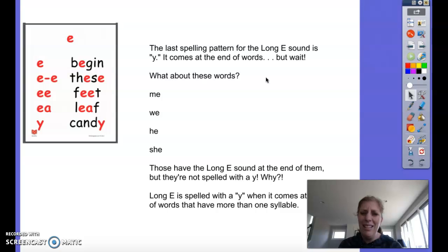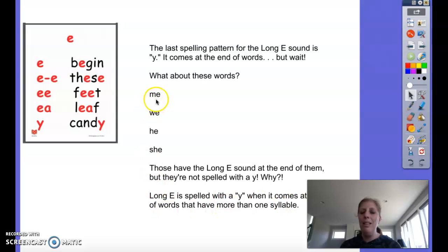But wait, what about these words? Me, we, he, she. Those have the long E sound at the end of them, but they're not spelled with a Y. Why? Long E is spelled with a Y when it comes at the end of words that have more than one syllable.